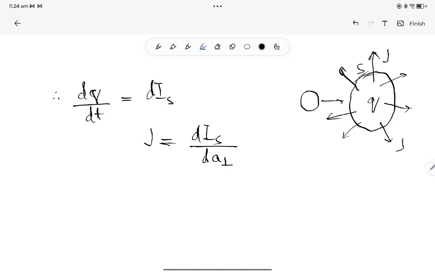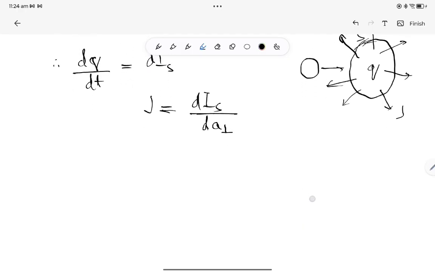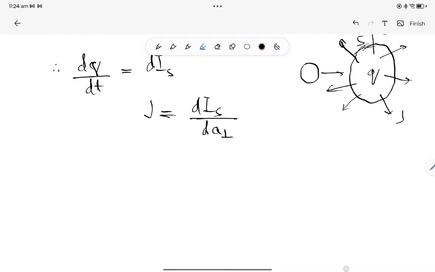If we write current density as current per unit area, that is okay. But maybe this perpendicular may irritate some of you. Why do we write it like that? Because suppose you have a certain area oriented like this. The orientation of an area is shown by its normal.